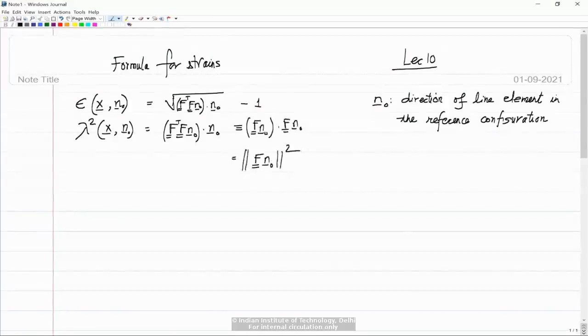Okay. And if I asked you what is the current orientation of the line element, then what would you say? What is n, for example, of the line element? Which is to say the current direction of the line element. So you can see it is without a naught.